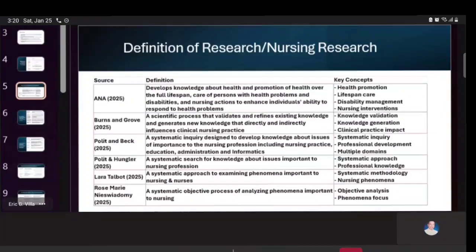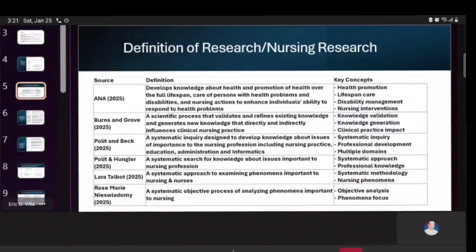focuses on each definition. For example, in Nieswiadomy's book, she outlines several key goals for nursing research. Number one, it promotes evidence-based nursing practice. Number two, it ensures the credibility of the nursing profession. It also provides accountability for nursing practice, and the documentation of cost-effective nursing care.